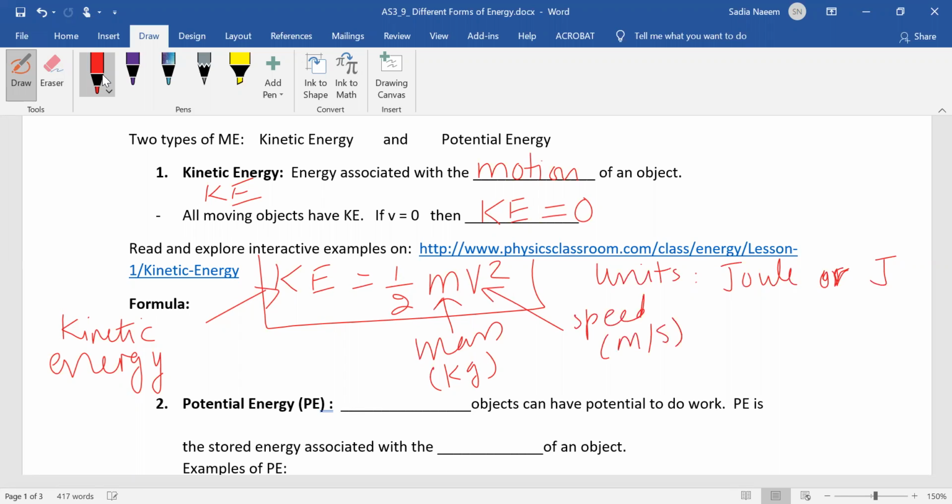You have to have these units. It can't be grams, it cannot be centimeters per second or miles per hour. It has to be these to get a joule for kinetic energy.